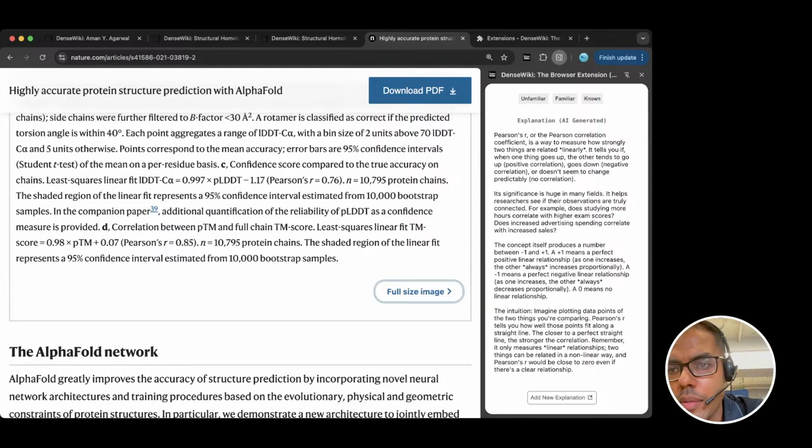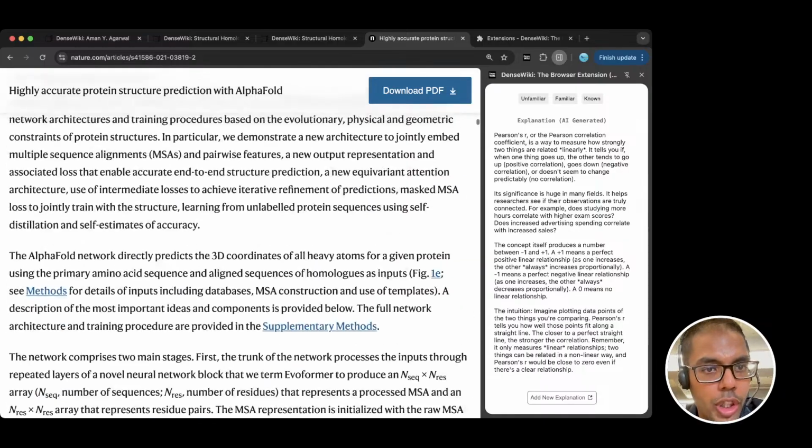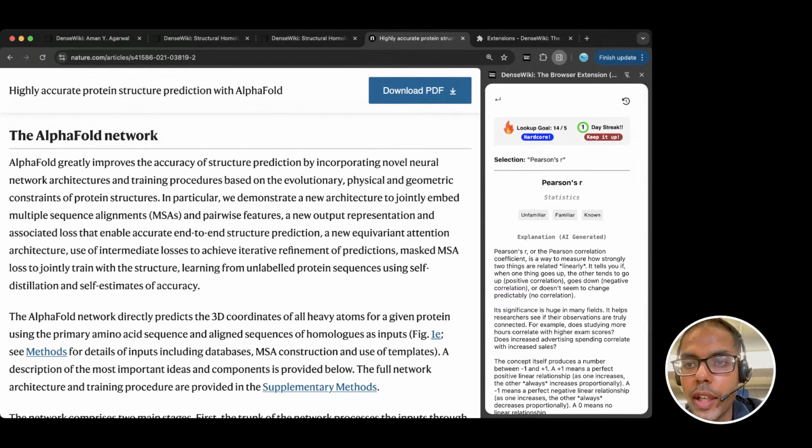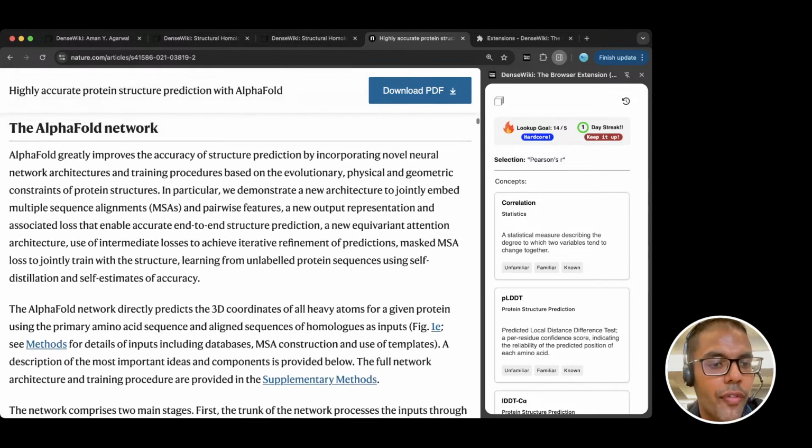Okay, so it's how to define how strong the correlation is, basically. Between minus 1 and plus 1. Okay, 0.85. So plus 0.85 is a good positive linear relationship, right? Okay, fair enough. So basically, this shows again good correlation, more positive brownie points for AlphaFold and its accuracy.